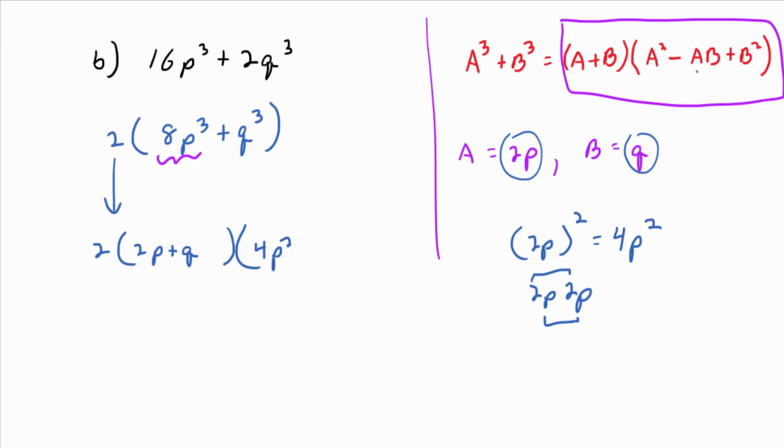Okay, and then minus ab, what's that going to be? Minus 2pq, and then plus b squared. q squared. There you go. That's it. Bring that parenthesis a little closer.